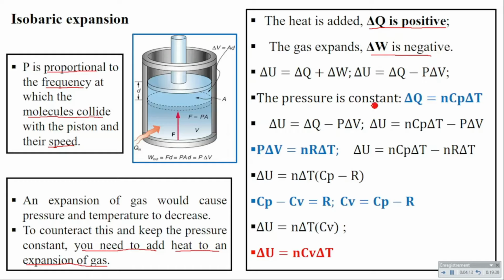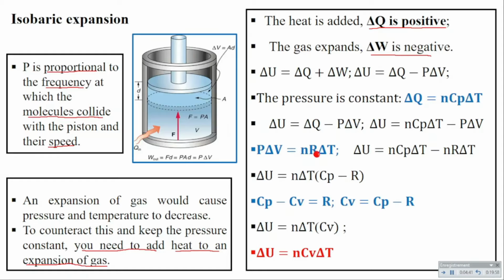The pressure is constant, so the heat, delta Q, is equal to nCpdT. Here we are using the heat capacity at constant pressure, because the pressure is constant. If you replace dQ, we know that dU is equal to dQ minus P dV, so we replace this term with delta Q minus P dV.